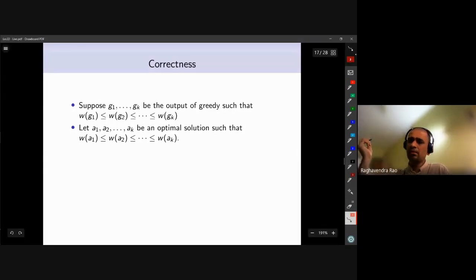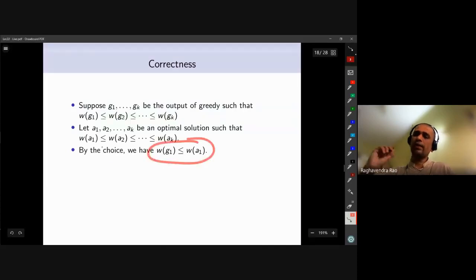What does it mean? If the weight of A1 was smaller than G1, we'd have chosen A1 as G1, right? So in other words, the weight of G1 is smaller than or equal to the weight of A1. By the choice that we have made, the weight of G1 is always smaller than the weight of A1.